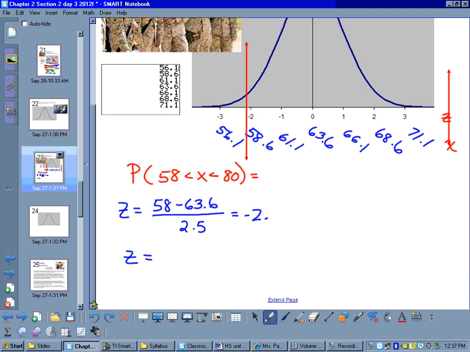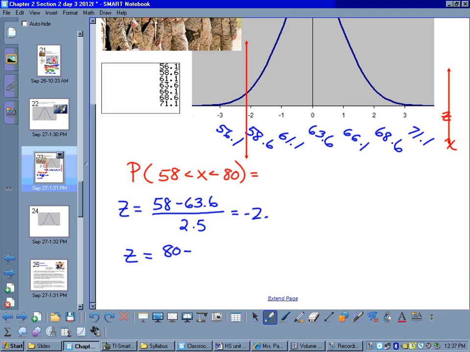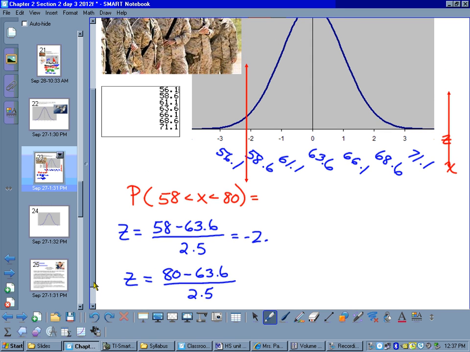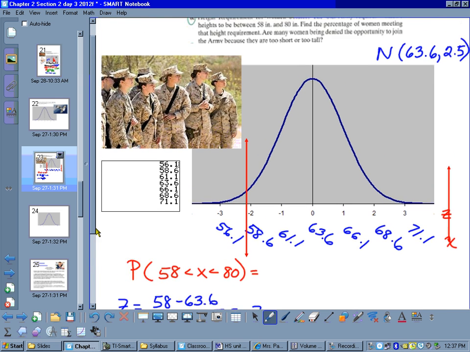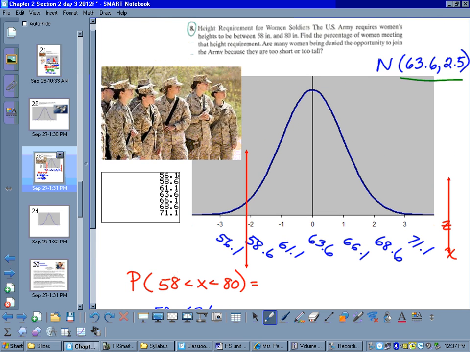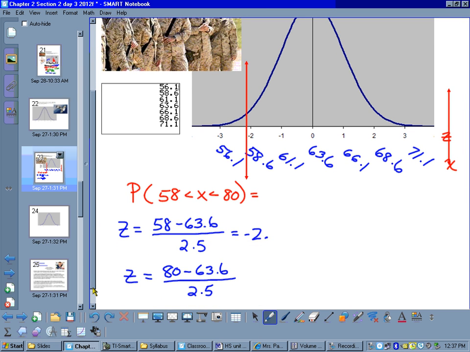And my second z-score is for a woman 80 inches tall. And that's also the reason I have you write this normal curve notation at the very top, because we need those two numbers frequently when we're doing these problems.